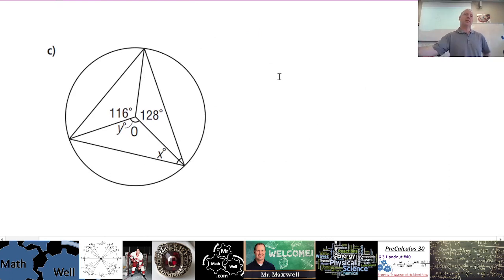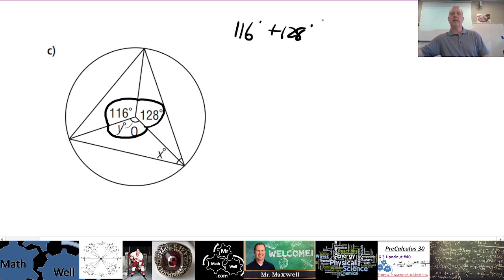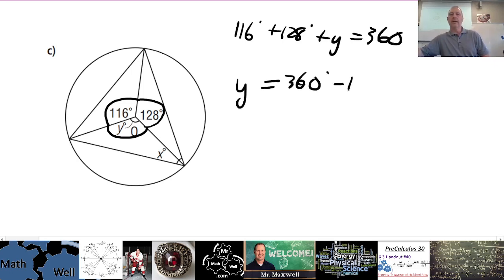All right, one more. We did a question like this last day as an example. And you guys rightly noticed that the central angles here, this one of 128, this one of 116, and this one of y, they all have to add up to what? 360. Yeah, one full time around a circle is 360 degrees, so that's awesome. So that means that 116 plus 128 plus y has to equal 360, or y equals 360 minus the other ones, minus 128 and minus 116.